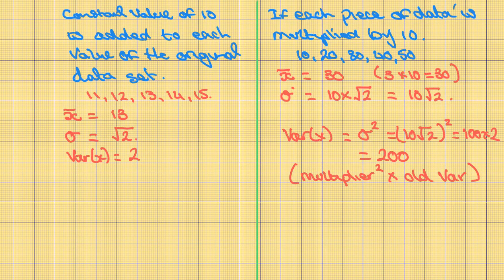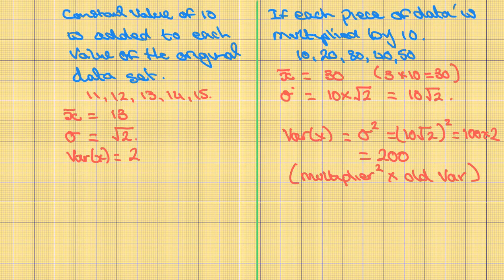In summary, if you add a value to each member of a data set, the mean changes in exactly the same way. You just add that value to the mean, and the standard deviation and variance remain the same.